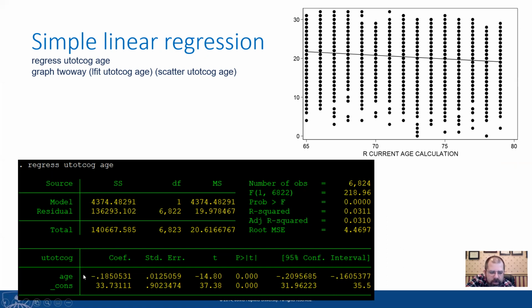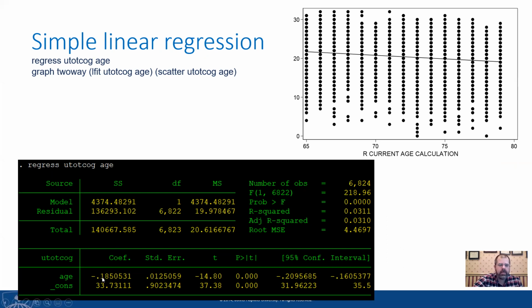When we look down at the regression output, I want to zero in on the beta-1 coefficient, the beta coefficient for age, which is negative 0.185. So in other words, this means that there is a 0.185 drop in cognitive scores per 1 year older age in this cross-sectional sample.